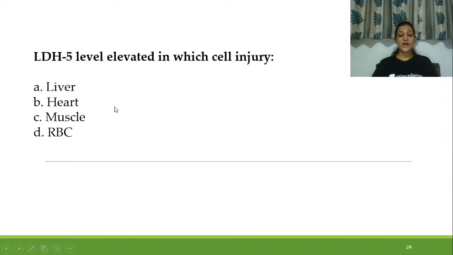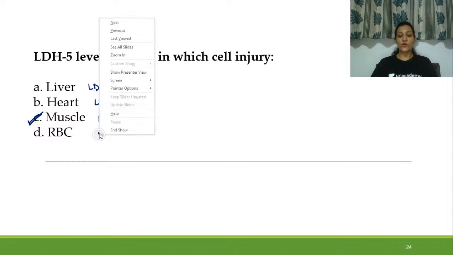So LDH5 is present in muscle, so its concentration will increase in muscular injuries, right? Because it is a variant which is present in muscle. So the variant of liver is your LDH4, your variant of heart is LDH1, your variant of muscle is LDH5, and your variant of RBC is LDH3.